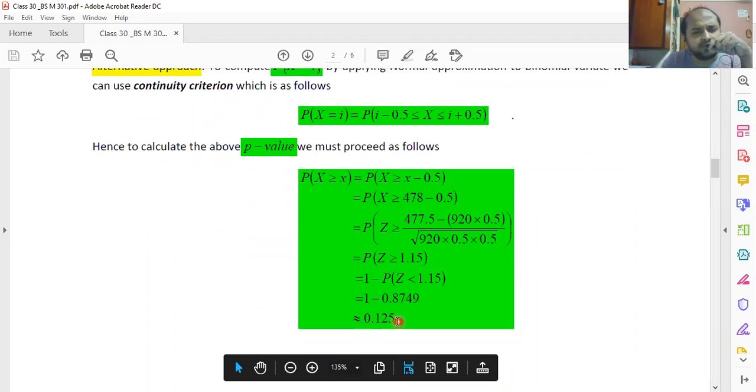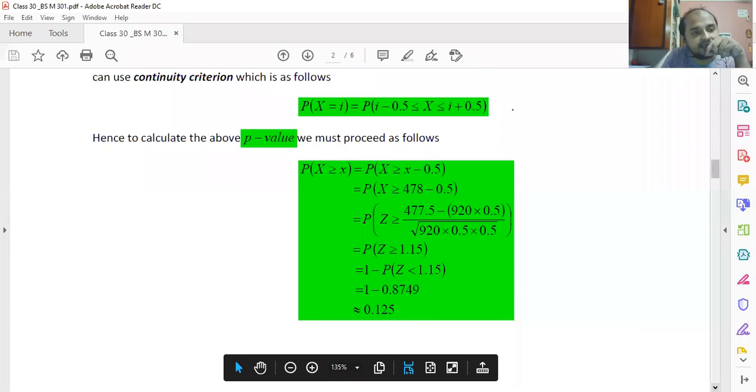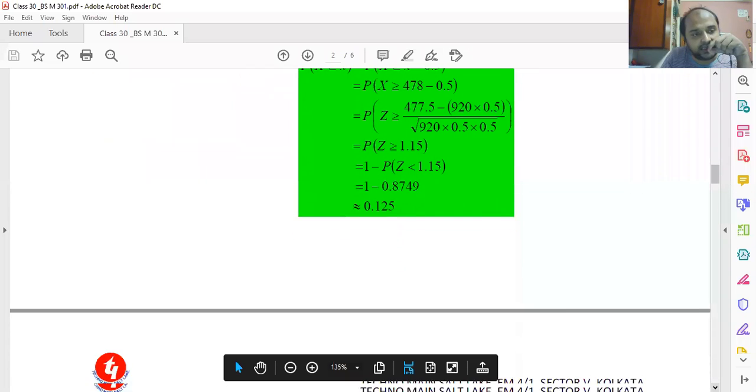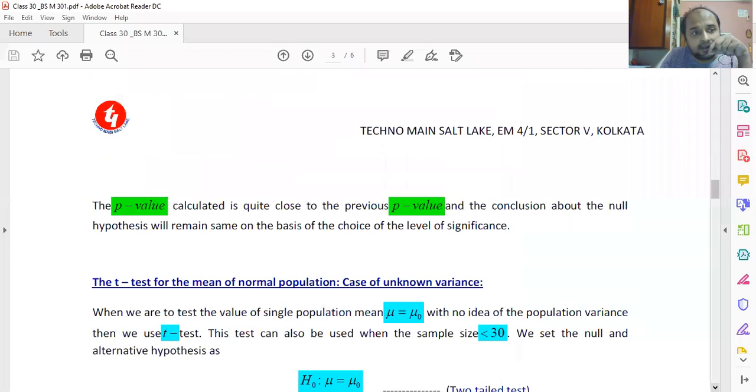Compared with 0.119, if I take up to the second place after the decimal point, these are very much similar to one another. So the conclusion drawn with the previous approach will be similar to the conclusion drawn with this approach, because the values are pretty similar. Here also we'll say that the null hypothesis under the given situation will be accepted. So we are actually agreeing with the educator's claim.